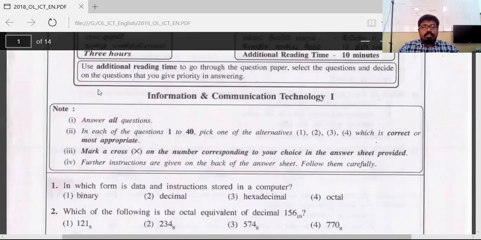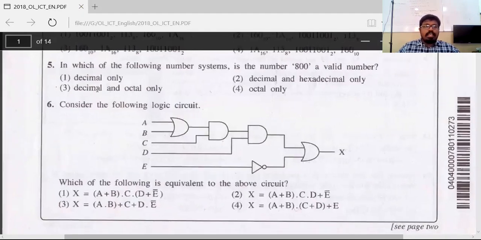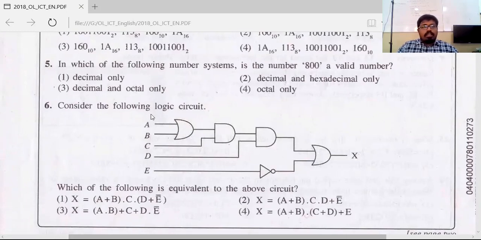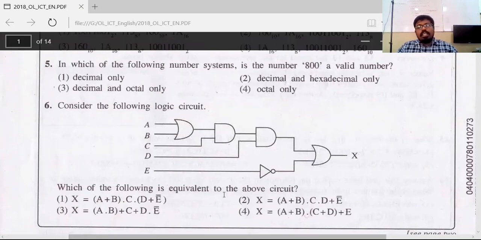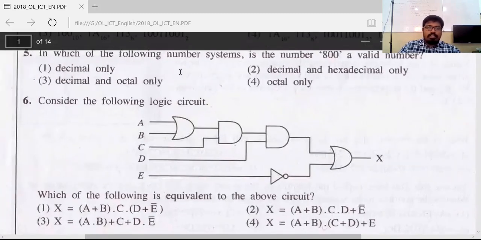In the 2018 paper, question number 6 is there. Part 1, question number 6: which of the following is equivalent to the above circuit? So we have to write the Boolean expression. I will write it.